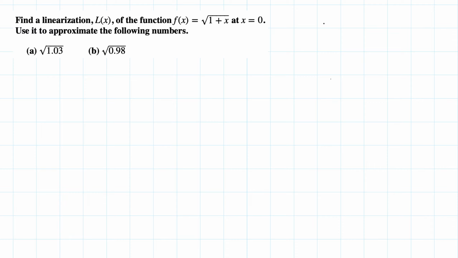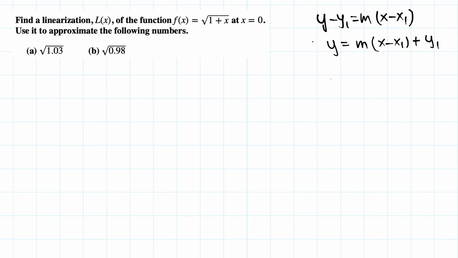The equation of a straight line is y minus y1 equals m times x minus x1, or this is the same as y equals slope times x minus x1 plus y1. In this notation, our L of x will be the slope at 0, so f prime at a, and we can call this 0 as a, or f prime 0.